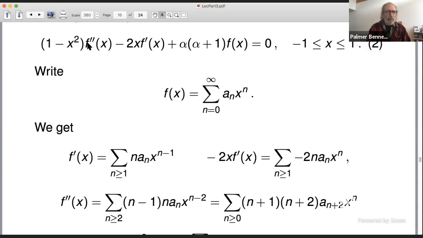For the second derivative, you actually have two series. You have the series for f double prime, and you have a separate series for minus x squared f double prime. And that's what's done here. But we don't really have time to do this today, so I think I'll stop here.